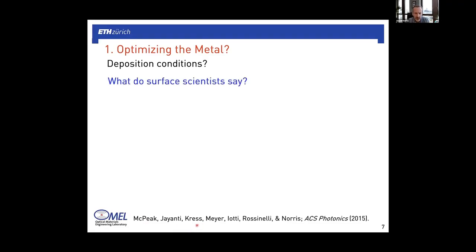And so they then went on an exercise to go through the old literature and see what the surface scientists actually said back in the day about how to deposit the best optical metals. And what we learned, or what they learned and told us, is that we were really using non-optimal conditions for depositing our metals, let's say like silver. And it wasn't just our group, but I'm using it here as kind of the community.